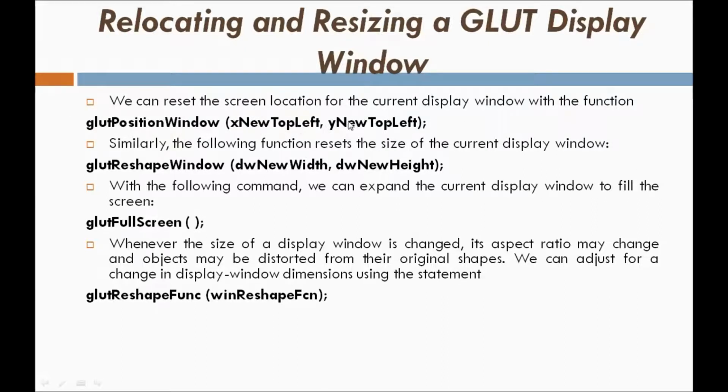Here you can give the new values, X new top left and Y new top left. Whatever values you give for these parameters, the position of the window will be changed based on them. So glutPositionWindow is mainly used to change the position of your display window.